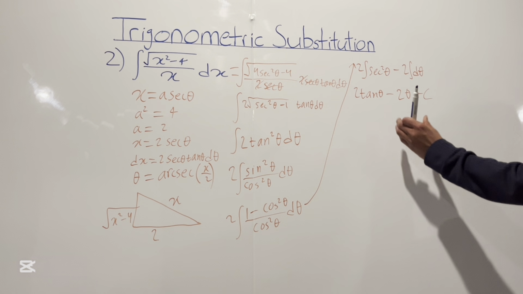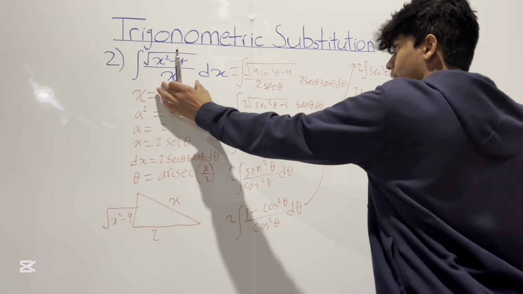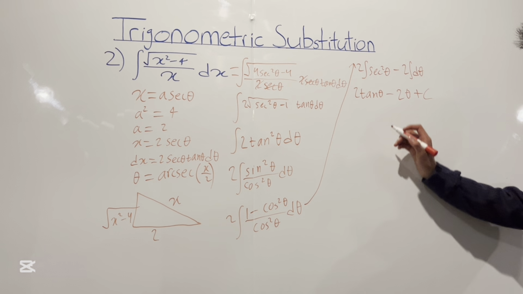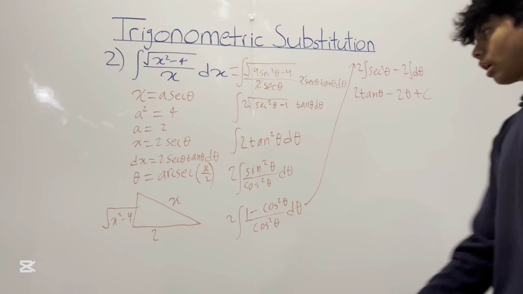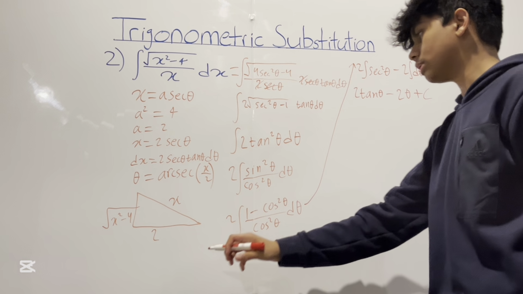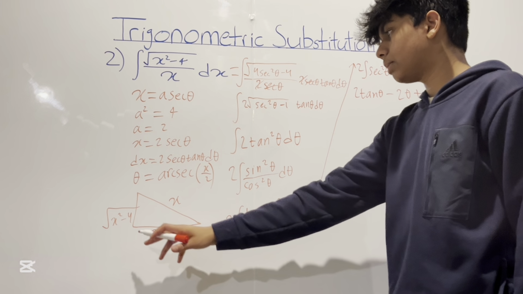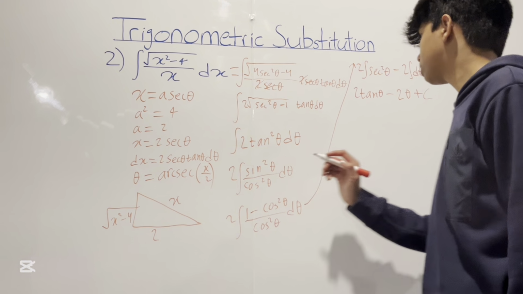And again, we have our answer in terms of theta, but we need to figure it out in terms of x, because that's what we started with. We already have our triangle constructed, so we just need to find what tangent is. Tangent is opposite over adjacent, so it's the square root of x squared minus 4 over 2.